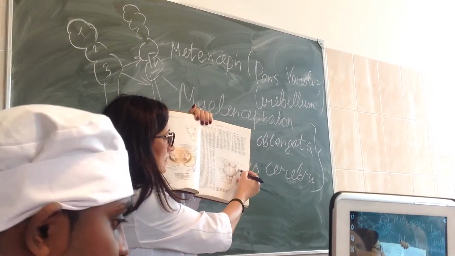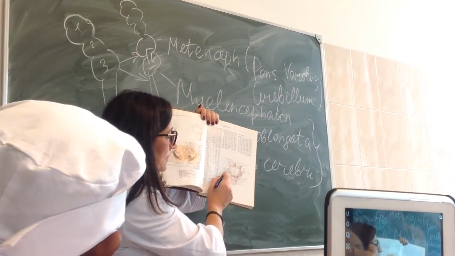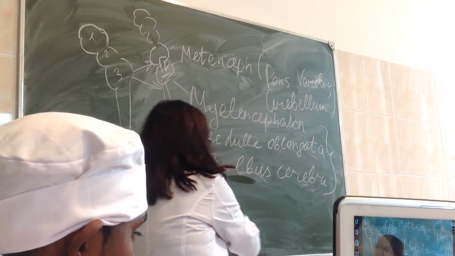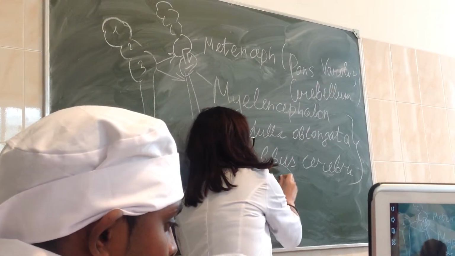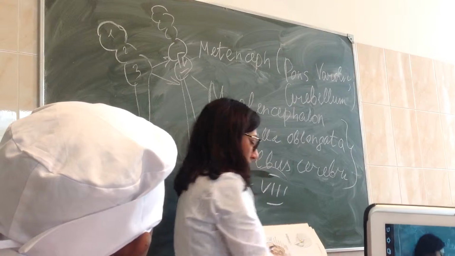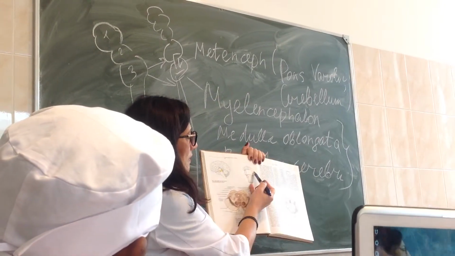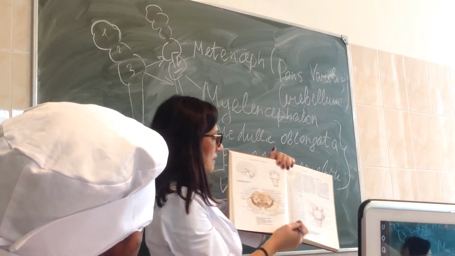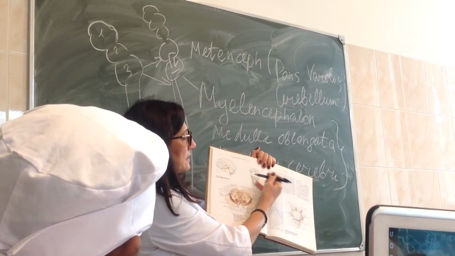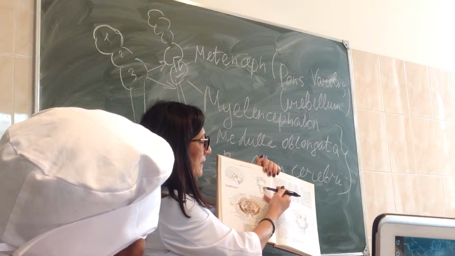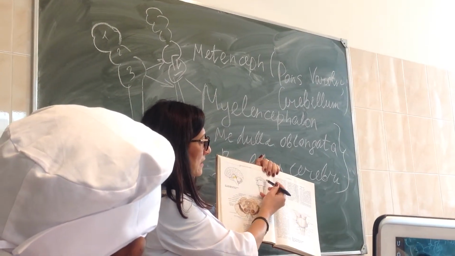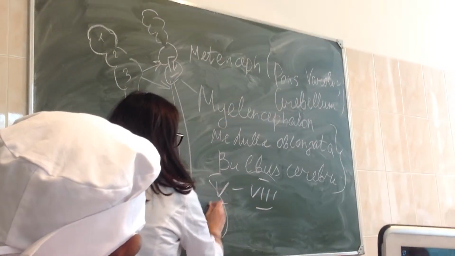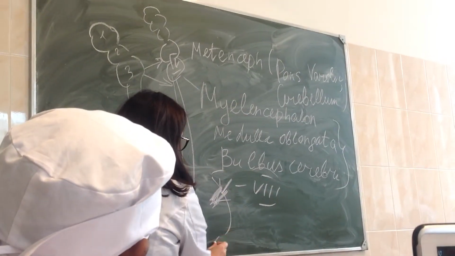Lateral borders: from the pons arise 5 to 8 pairs of the cranial nerves. 4 pairs of the cranial nerves: trigeminal, abducens, facialis, vestibulocochlearis. Here arises trigeminal and below facial.